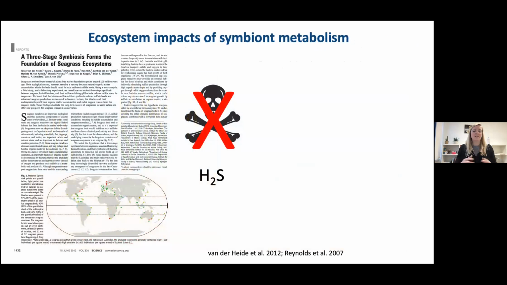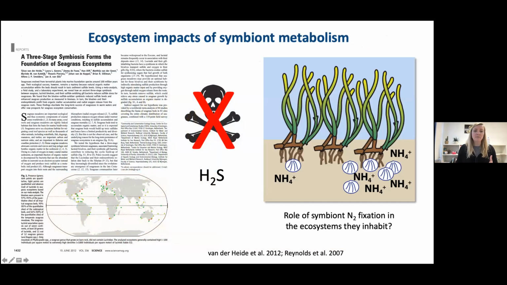I mentioned the ecosystem role of leucinids in seagrasses, but so what if it's not based on hydrogen sulfide removal, but on nitrogen provision? This would be a new aspect in this mutualism between seagrasses, bivalves, and bacteria. And we wanted to look at this a little bit experimentally.